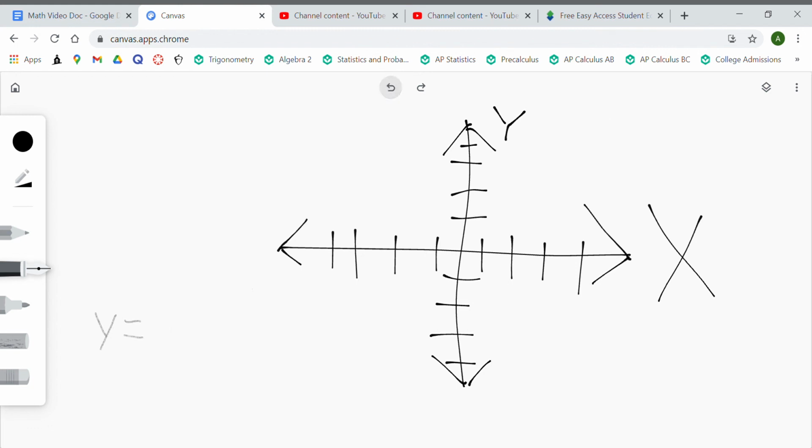Alright. Why don't you try writing a reflection of this, 2x minus 1. Pause the video, write its reflection equation, x-axis, come back when you're finished. Okay. Remember, multiply everything here by negative 1.